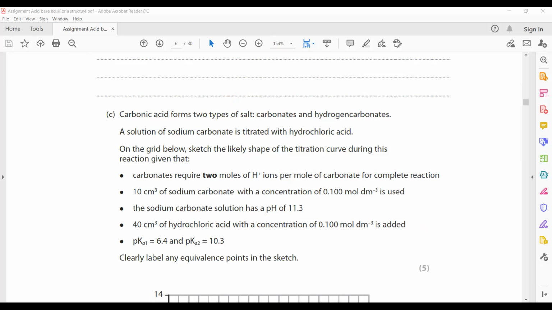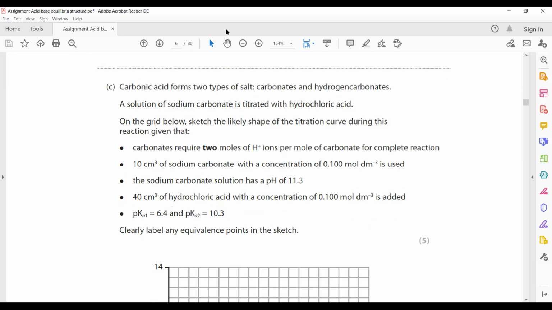Already it is given that carbonate ion requires 2 moles of hydrogen ion for complete reaction. So the simplest ratio between them is 1:2. So how much sodium carbonate was used?